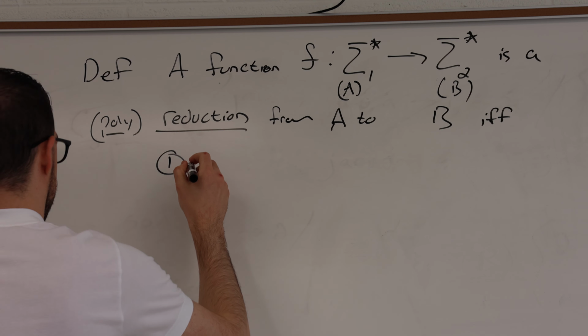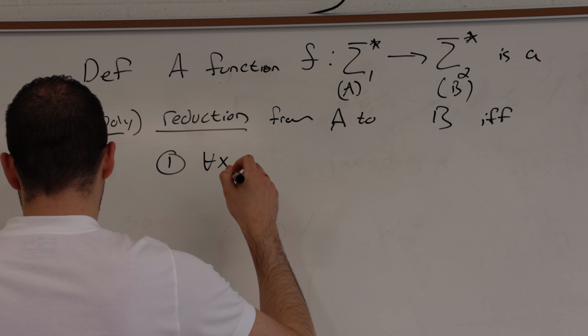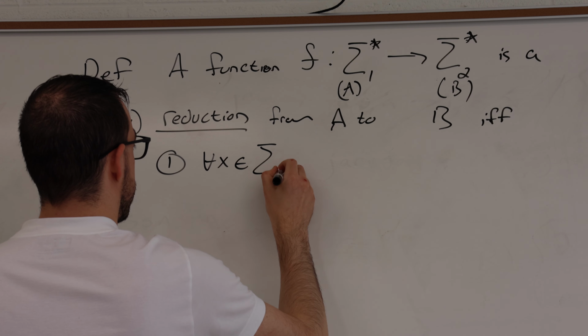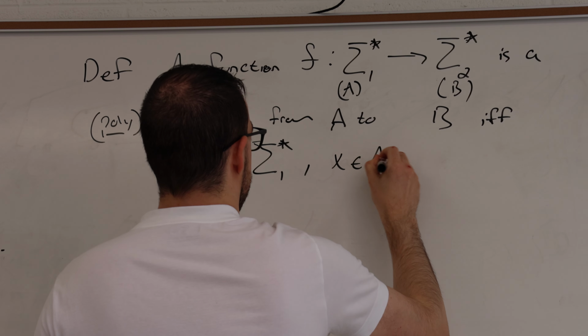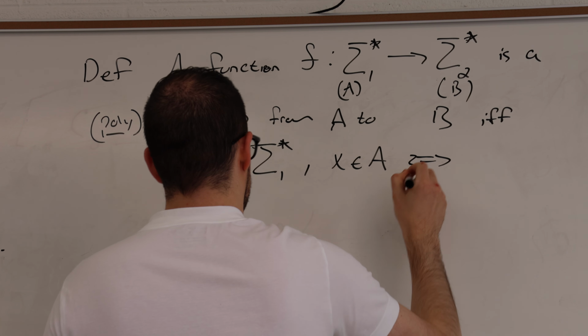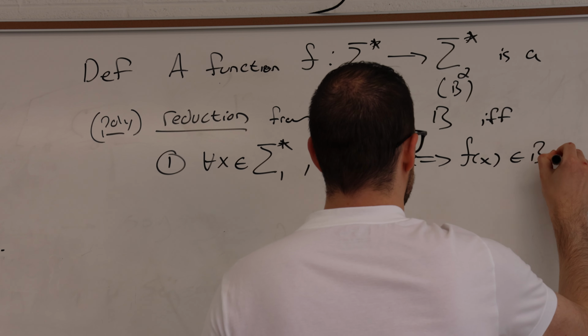First, for any x in sigma 1 star, x is in A if and only if f of x is in B.